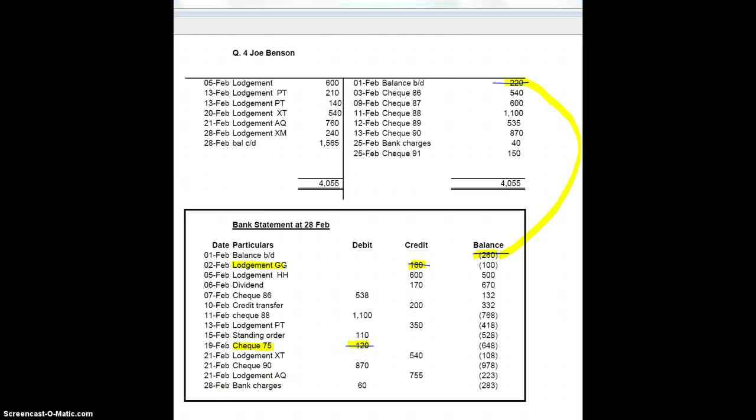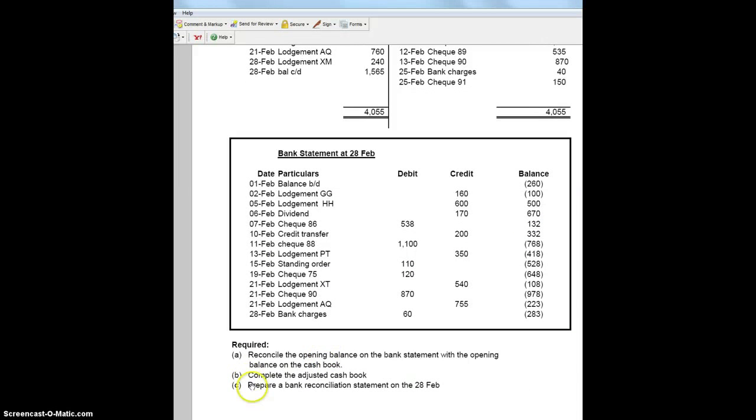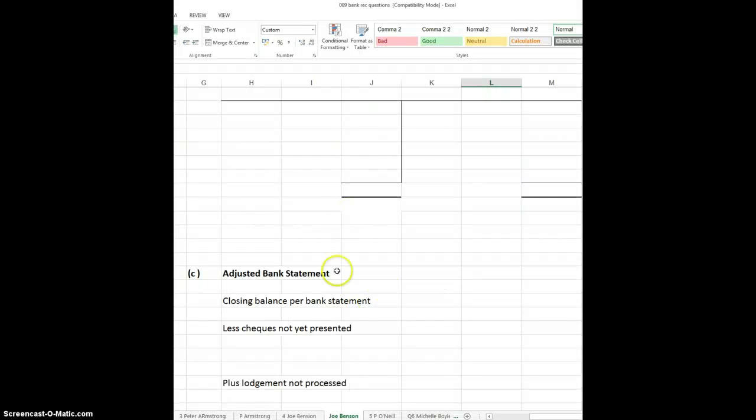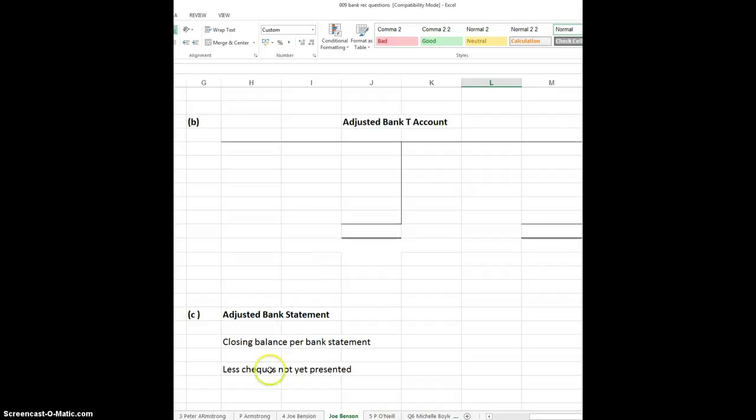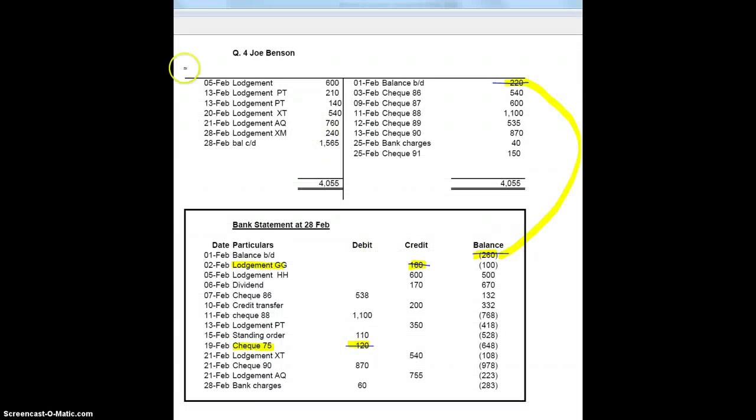Now we're in a position to do parts B and C, and it doesn't matter which order you do them in. There's the adjusted bank T account, and there's the adjusted bank statement. But before you do either, you need to match off the accounts.